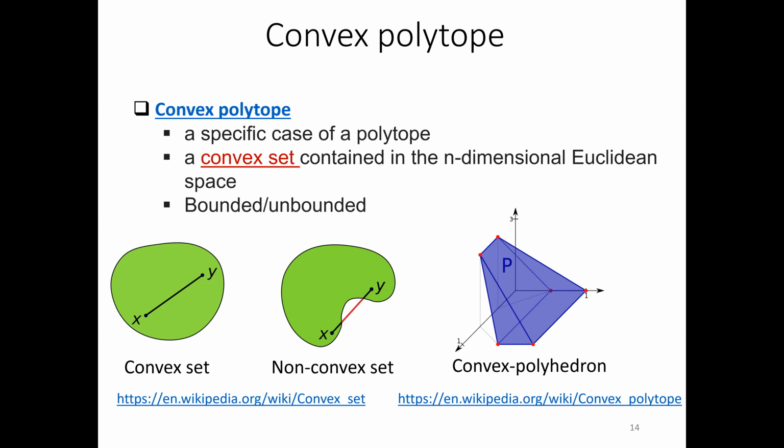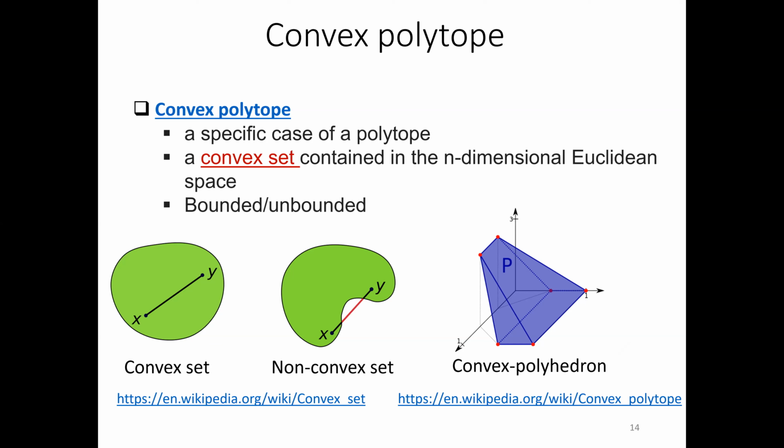That's another subject. Here we just assume that the input set is going to be a convex polytope. A convex polytope is a specific case of a polytope, a convex set contained in n-dimensional Euclidean space.